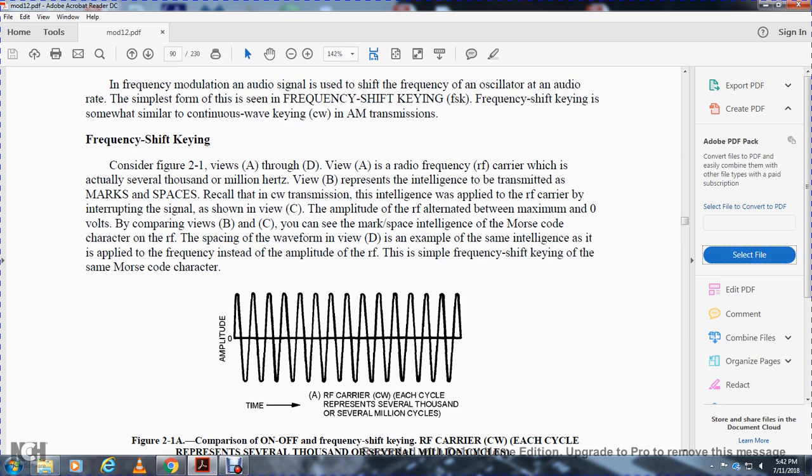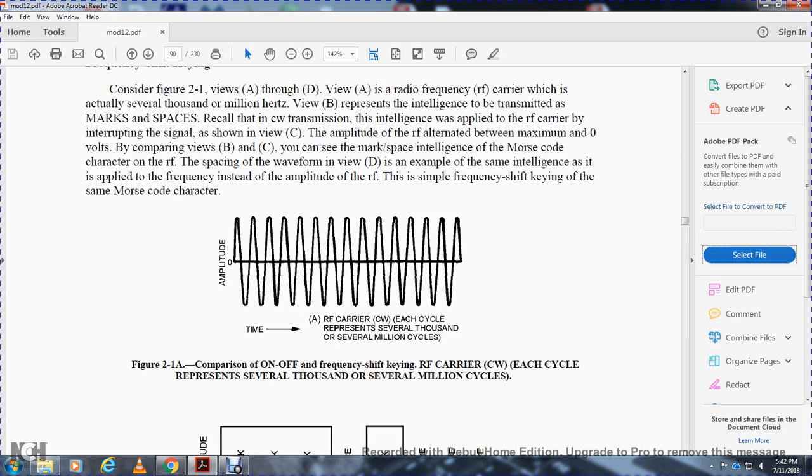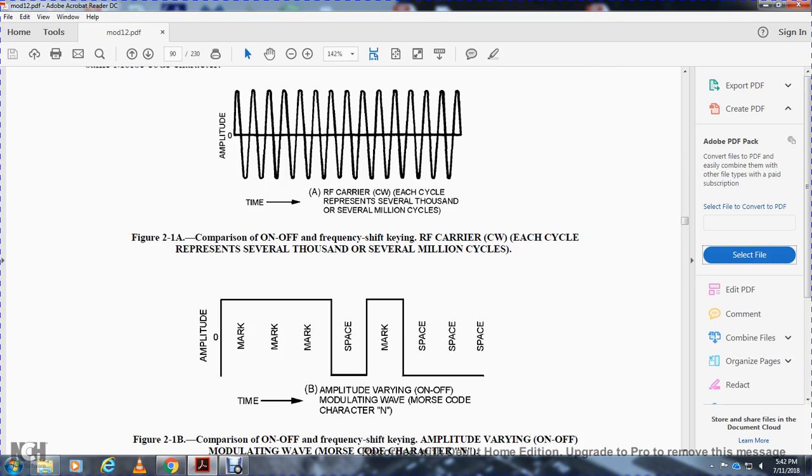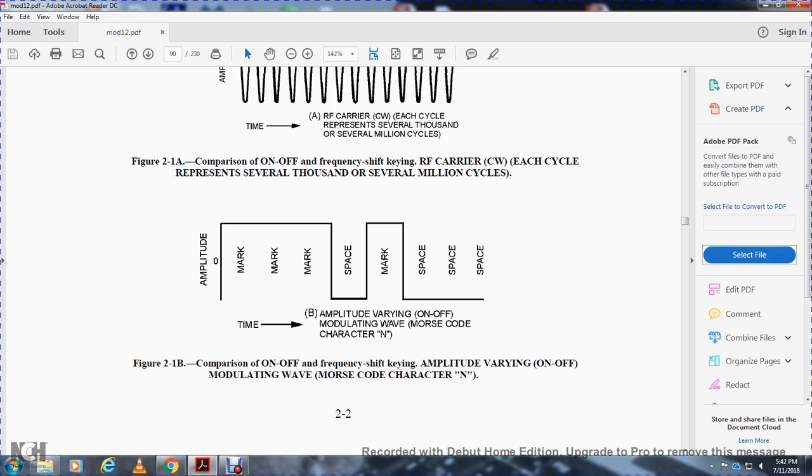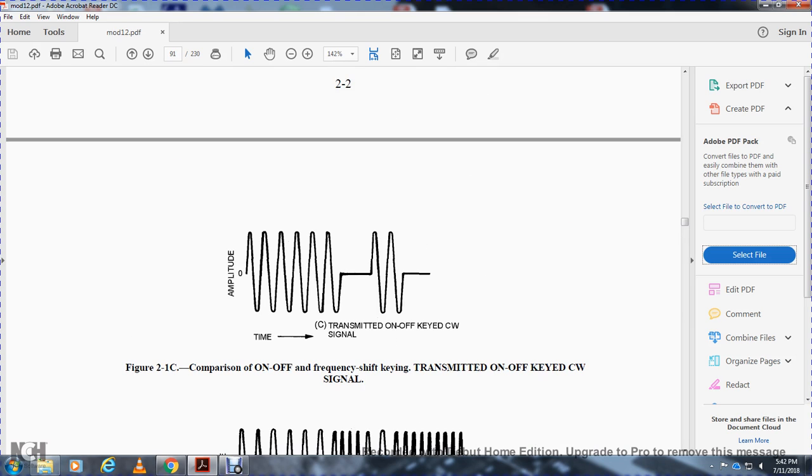In the amplitude radio frequency carrier, the continuous wave, each cycle represents several thousand to several million cycles. Figure 2-1 compares on and off keying with frequency shift keying: amplitude varying on and off, modulating wave, Morse code character N. View C, transmitted on and off continuous wave signal.